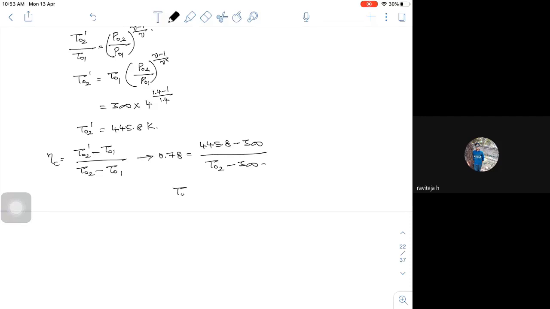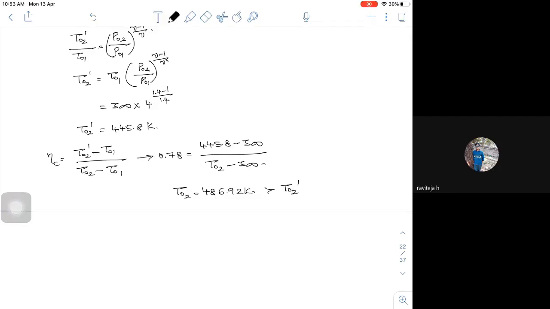I can get my T naught 2 is equal to 486.92 Kelvin, and this value is greater than your T naught 2 dash, as per the standard.